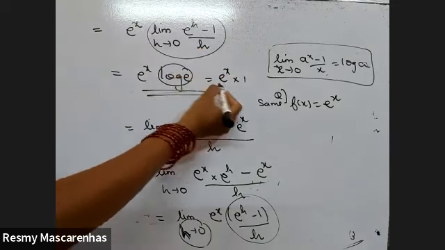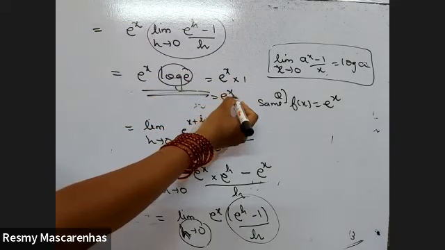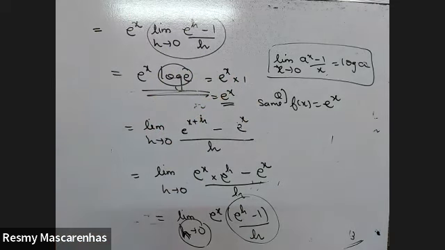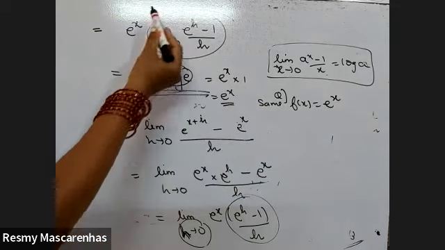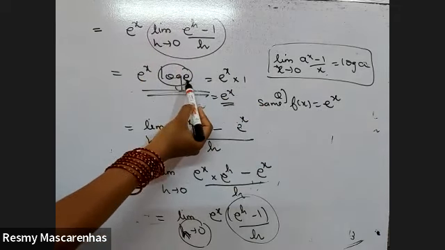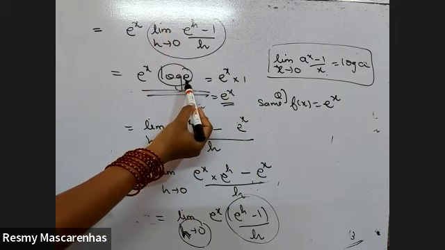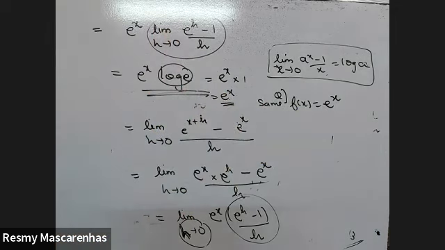Log e value is always equal to 1. So the answer is e raised to x. Just the final step, instead of log a, it will be log e, and you know log e is 1.